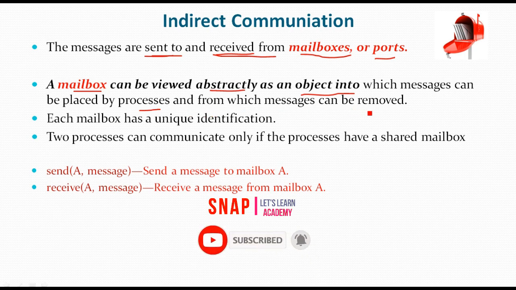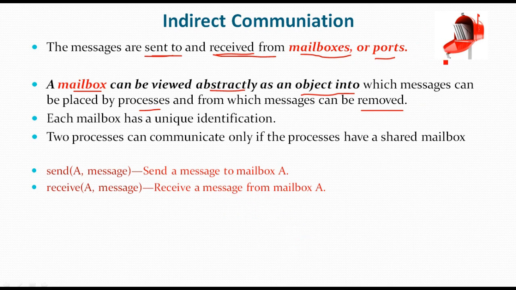This object will receive messages from a process and also send messages to a process. Assume there is a process P sending a message to this mailbox object, and similarly Q is receiving the message from this mailbox.